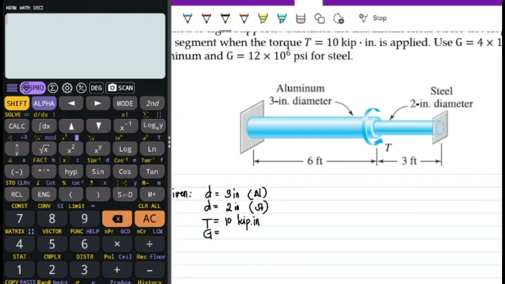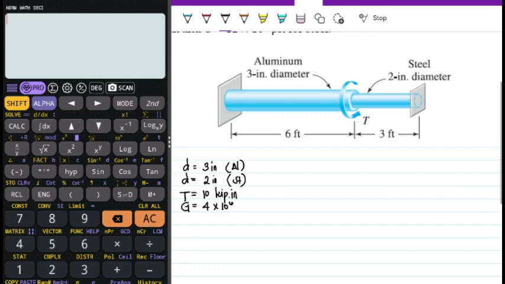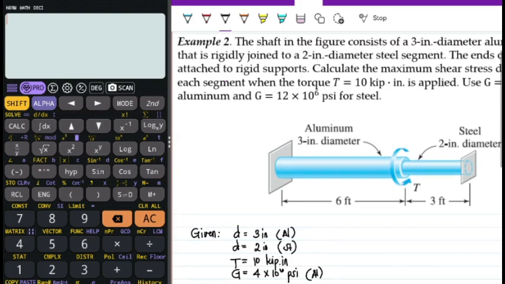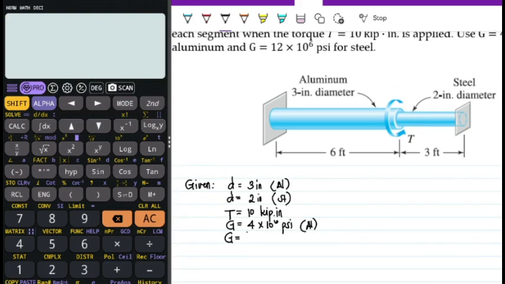Okay, so first we write our given, which is a diameter of 3 inches for our aluminum and 2 inches for our steel segments. Next is the value of our torque, which is 10,000 pound-inch or 10 kip-inch, and our G's for our aluminum and our steel.